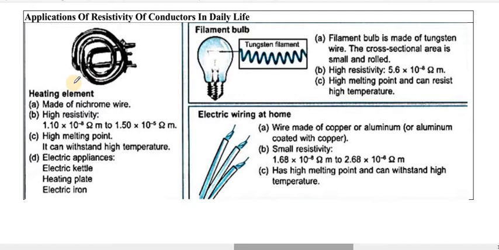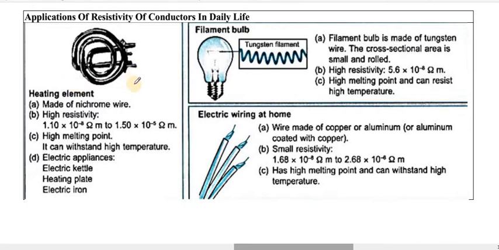So if we have higher resistance, it will be able to produce more heat. Because when the charge does work to overcome the resistance, the electrical energy will be converted into heat energy. And that means the substance will become hot, the temperature will increase.